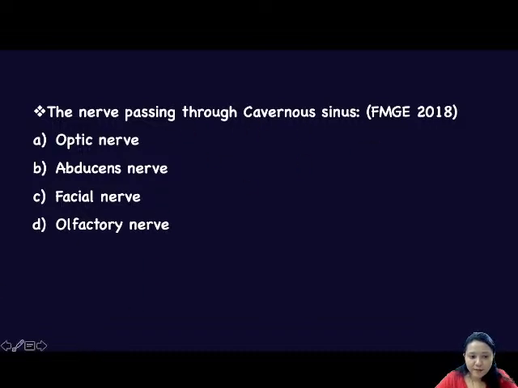So I want anybody to answer this. What is the nerve passing through the cavernous sinus? They have not asked about passing through the lateral wall. They are asking about which is just passing through the cavernous sinus.